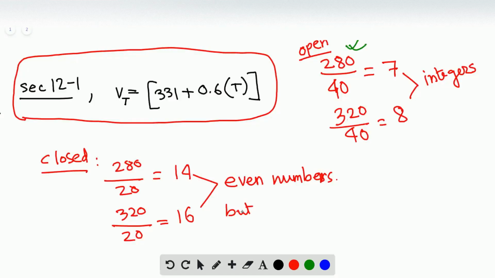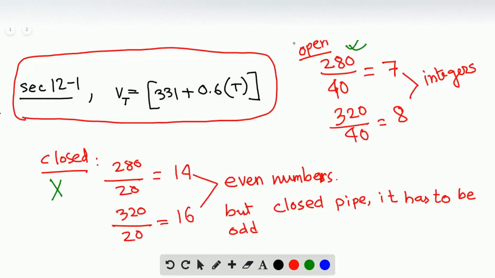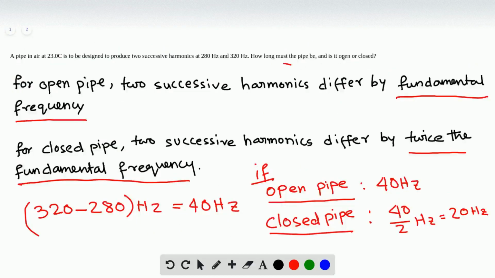But for a closed pipe, it has to be an odd number. So that means it cannot be a closed pipe. If we have integers, then it's a possibility of being an open pipe, and if these are even numbers, we can definitely say it's not a closed pipe. So the pipe is open.